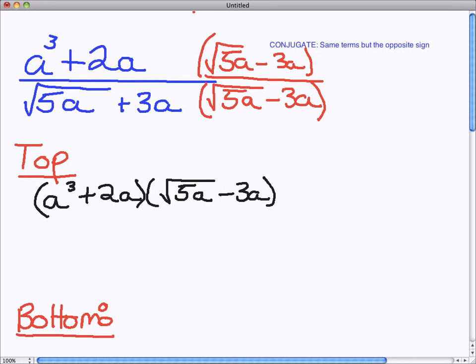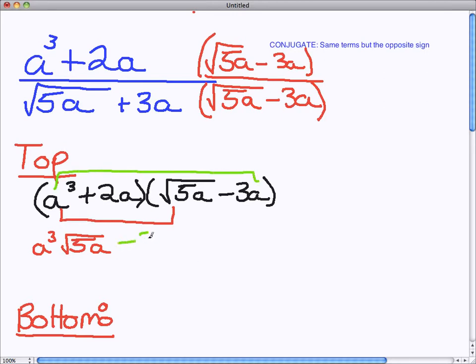So we're going to start by doing our first term times our first term, which is going to be a cubed square root 5a. Our outer term times our outer term, that's the O in FOIL. Outer times outer. And remember, when we multiply, we do add exponents. I don't see an exponent with the a, so it is really a 1.